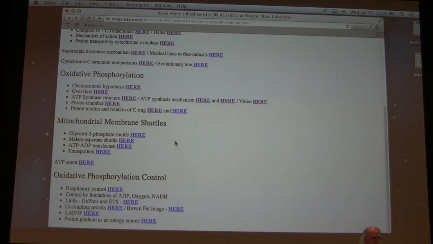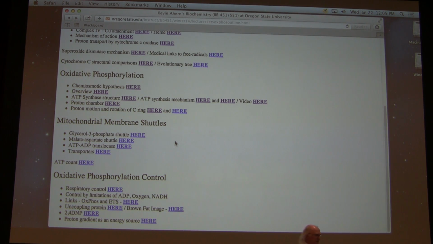So that's oxidative phosphorylation. It's oxidative because it's depending upon the oxidations and reductions that are happening in the electron transport system. One of the things to keep in mind with respect to the electron transport system is that NADH and FADH2 are the feeders of the system.